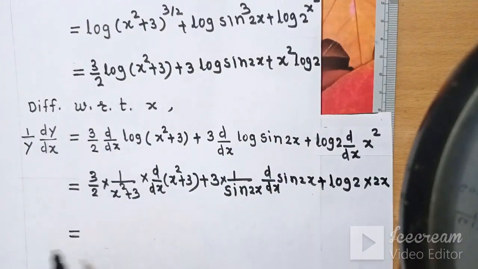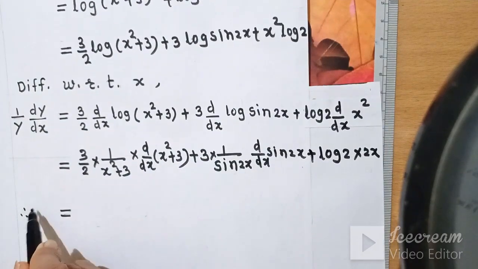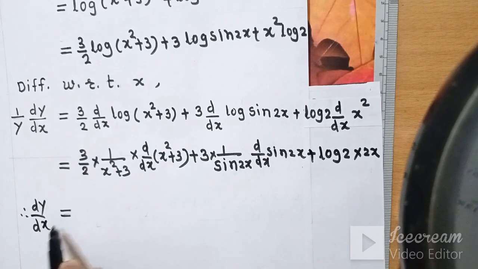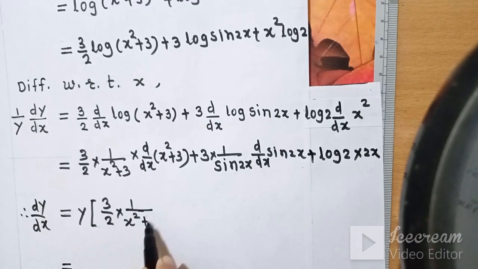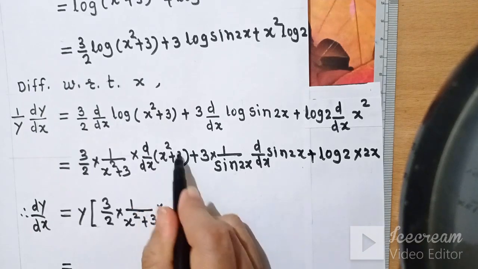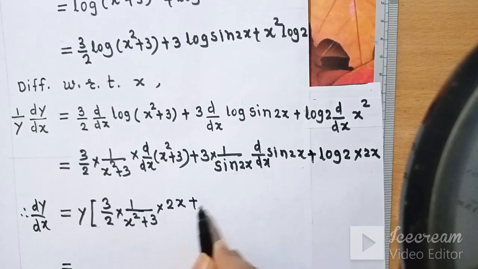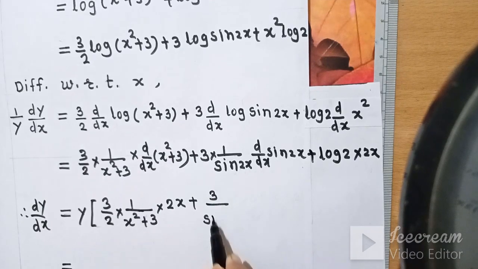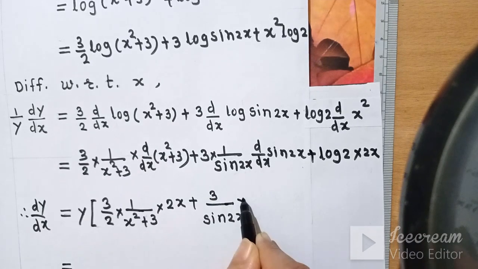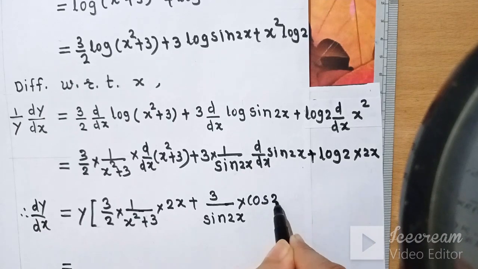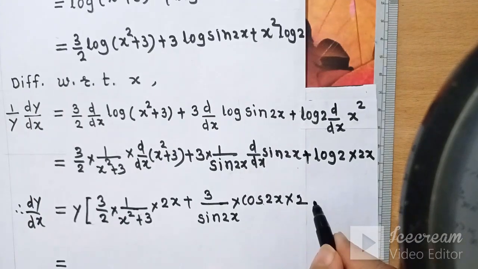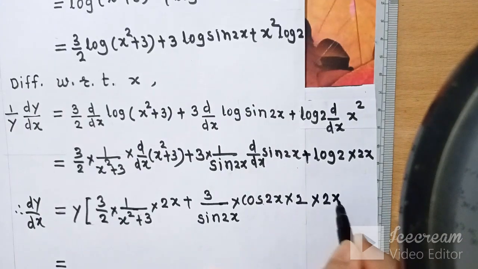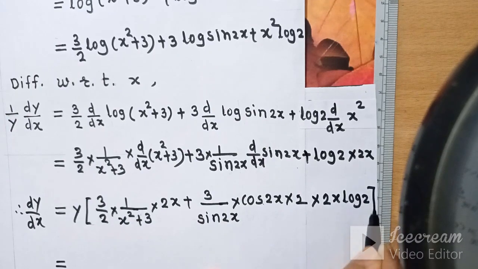Now shift this y to the right hand side, therefore dy by dx is equal to y times: 3 by 2, 1 upon (x square plus 3) multiplied by the derivative of this term, which is 2x, plus 3 upon sine 2x, the derivative of sine 2x is cos 2x, and the derivative of 2x is 2, plus 2x log of 2.